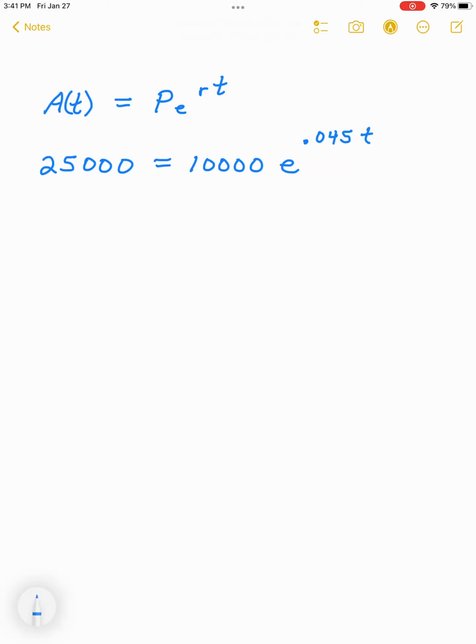So we just need to isolate the t. The first thing I would say when dealing with this type of equation is to identify that it is an exponential equation. You know that it's an exponential equation because the variable you're trying to solve for, the t, is up there in the exponent. How you solve those is you have to use a logarithm.